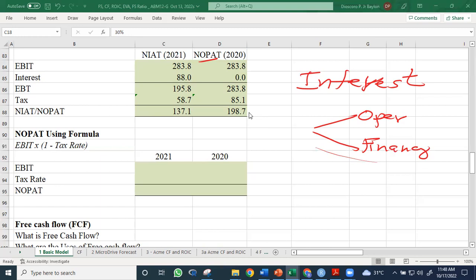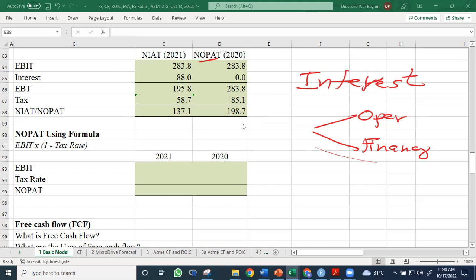Okay, so how much is the difference of net income after tax and net operating profit after tax? Of course, we know that NOPAT will be higher than NIAT. When will they be the same? Class, any volunteer? When will the net operating profit after tax and the net income after tax be equal?